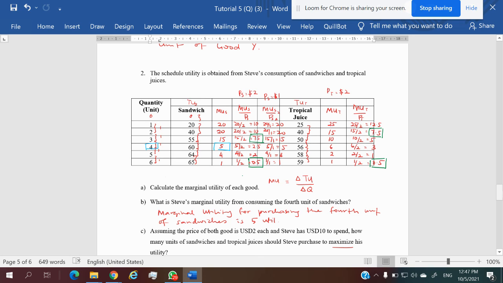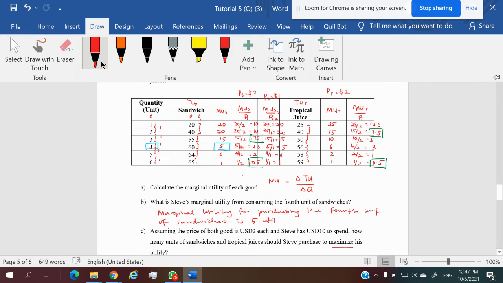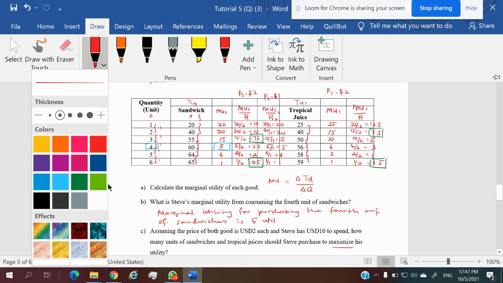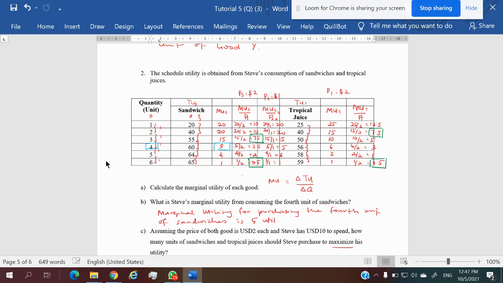So what we should do now, we need to find the combination of goods that have the same optimality value. Okay, let's say I use a different color of pen, purple. So we will use this one, and the price of tropical juice just now was maintained at 2, so we will also use this one. We have 20 over here, but not here.